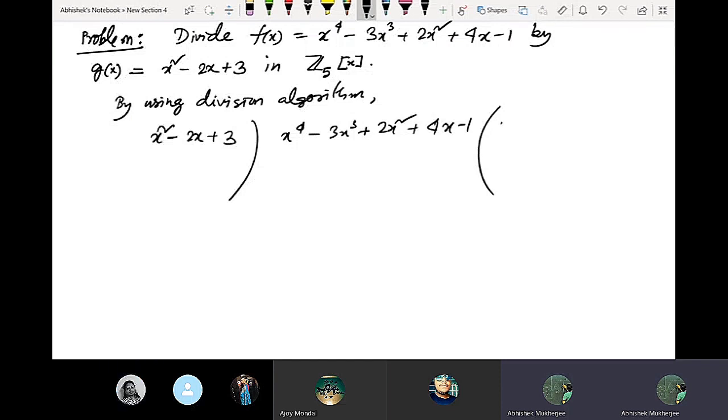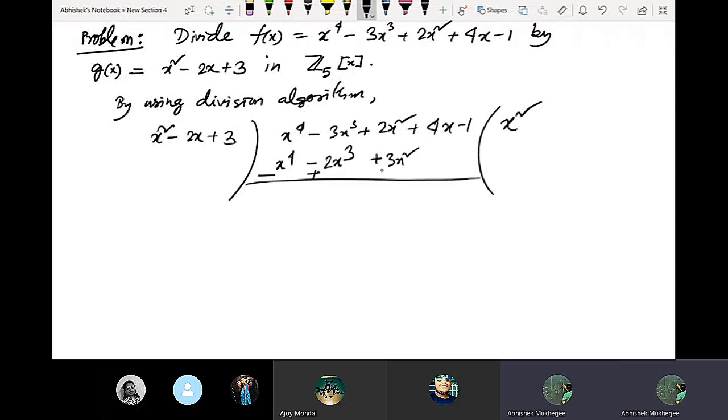We must put x square. Then this is x to the power 4 minus 2x cube plus 3x square, right?